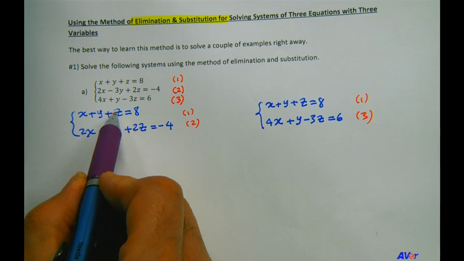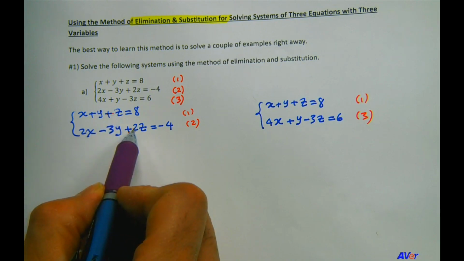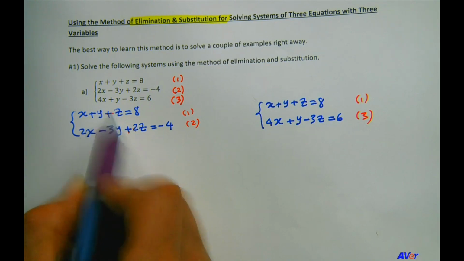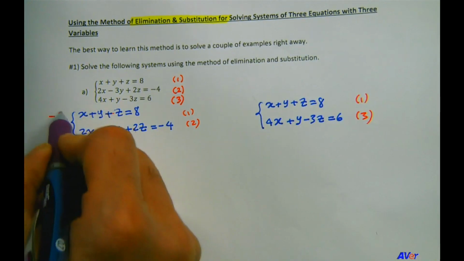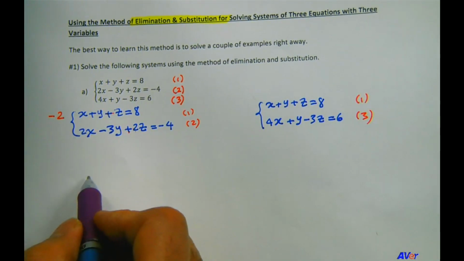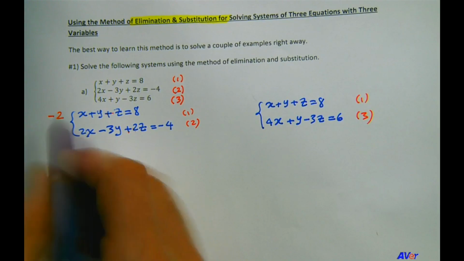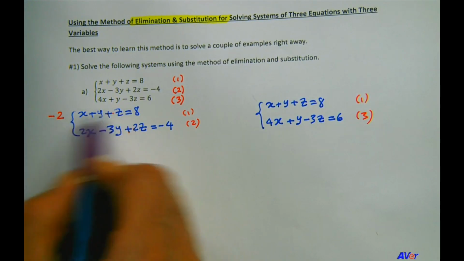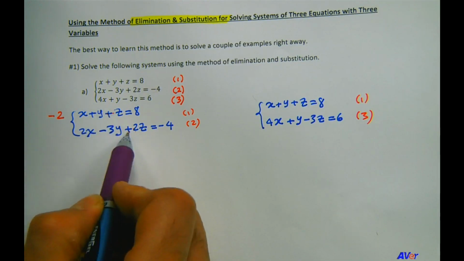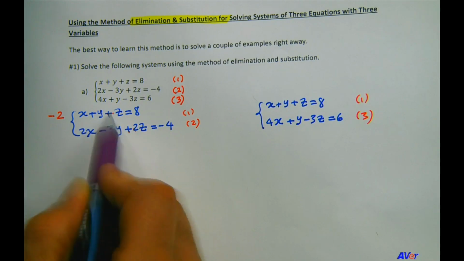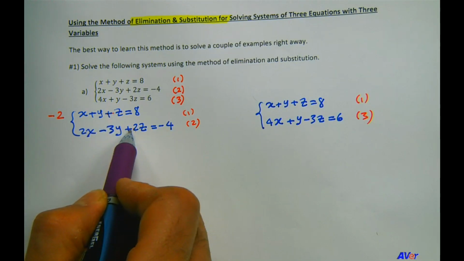So this is 1, this is positive 2. I want to make this coefficient equal to this but opposite in algebraic sign. So I'm going to multiply the top equation by minus 2. When I distribute the minus 2 to everything in this equation, the z term will have a minus 2 coefficient, which will add up to 0 when I add the two equations together.